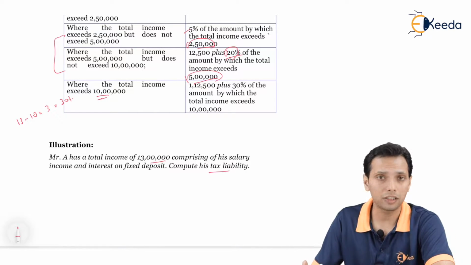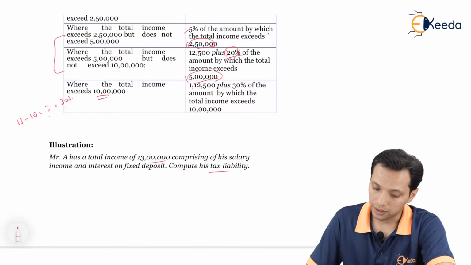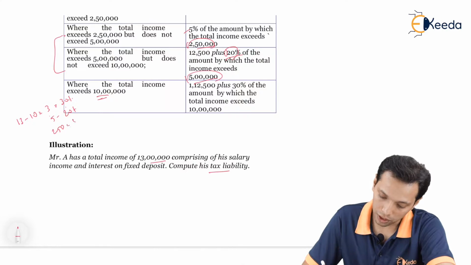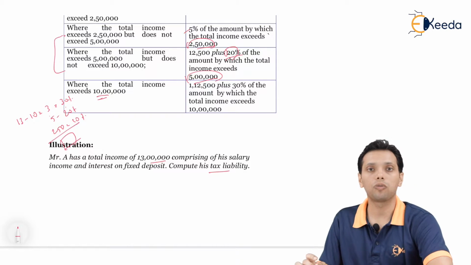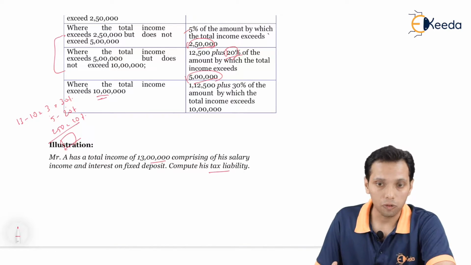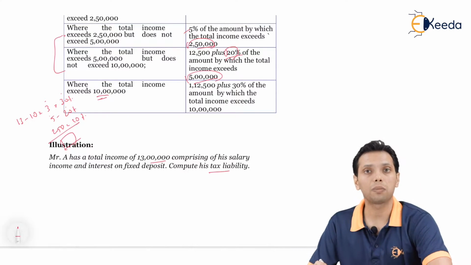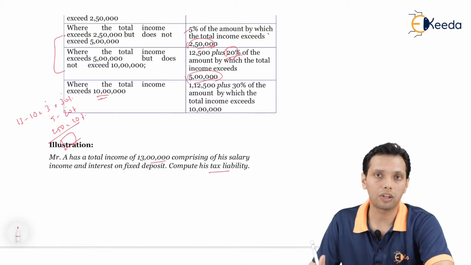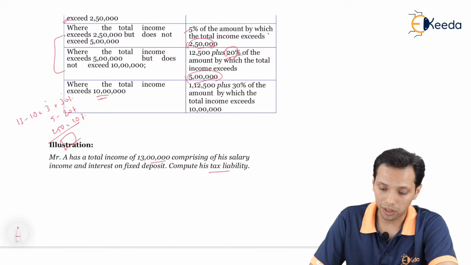So there is a progressive rate of taxation in which 3 lakh is charged at 30%, then 5 lakh is charged at 20%, and 2.5 lakh is charged at 5%. The total tax would be determined accordingly. So the 13 lakh would be charged, 3 lakh at 30%, 5 lakh at 20%, and 2.5 lakh at 5%, which has been derived based on the slab rate which has been determined over here. And 2 lakh 50 would be exempted as well.